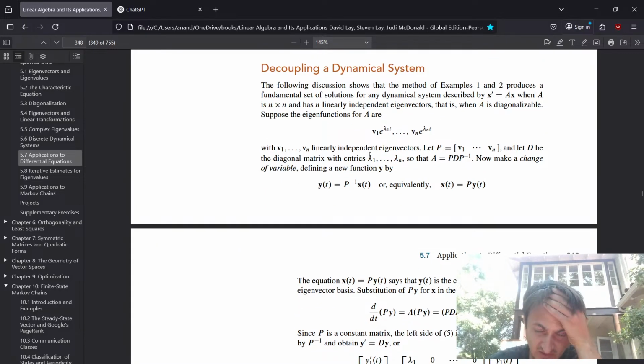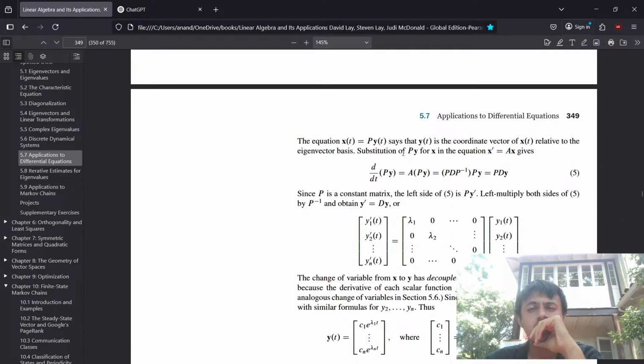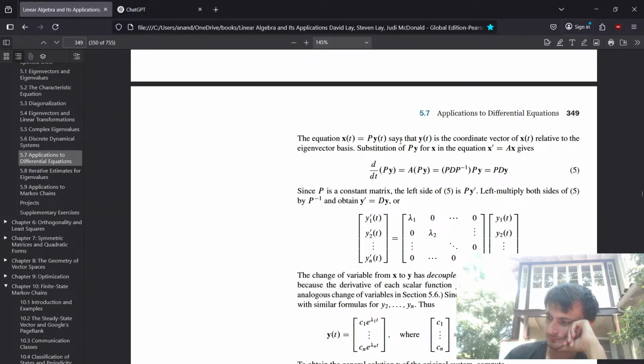Wait, what? What do you do? Okay. So wait, so y is really equal to P inverse x, the coordinate vector of x relative to the eigenbasis. Okay, fine.